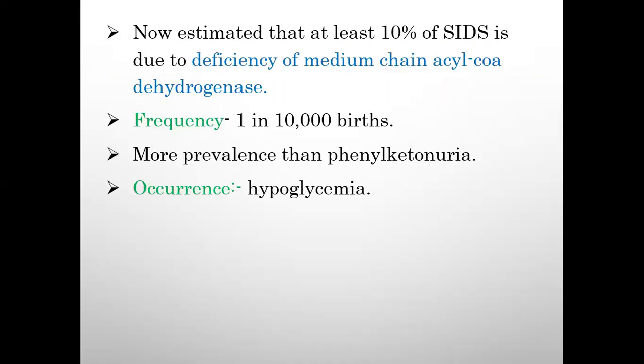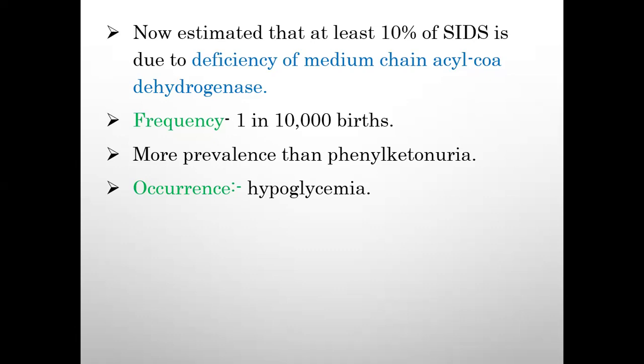There is now an estimation that at least 10% of SIDS is due to deficiency of medium chain acyl-CoA dehydrogenase. You remember we discussed this, so you can always refer back to our previous videos if you want to understand better.